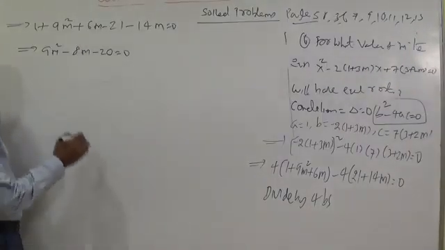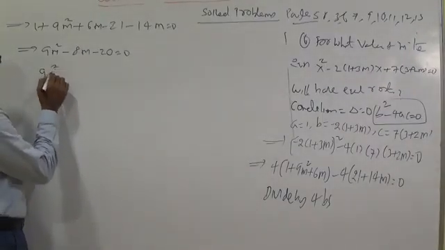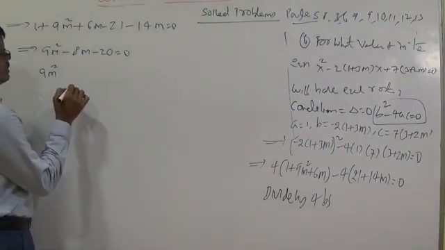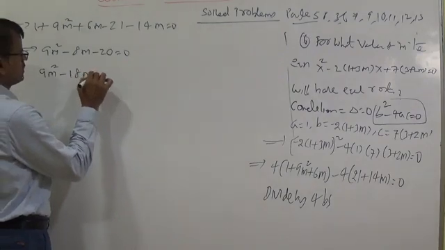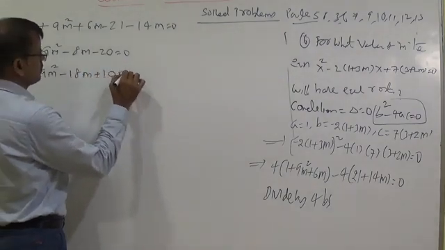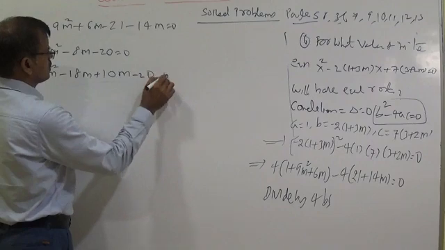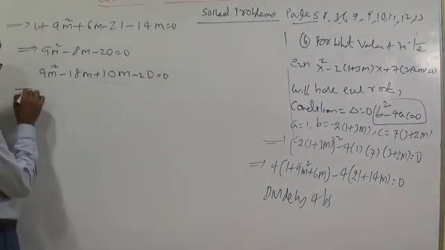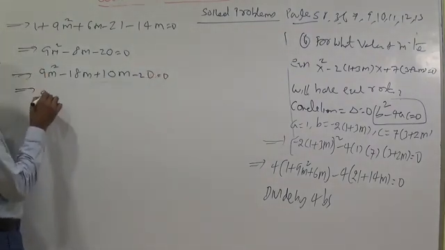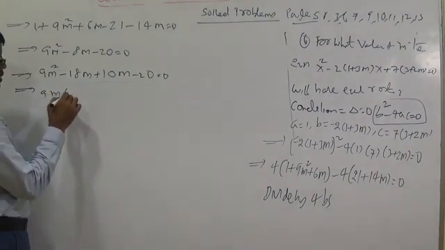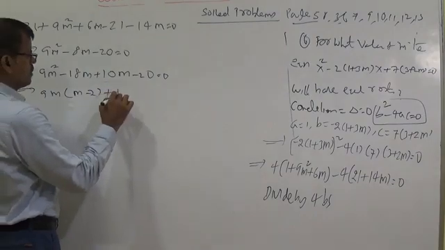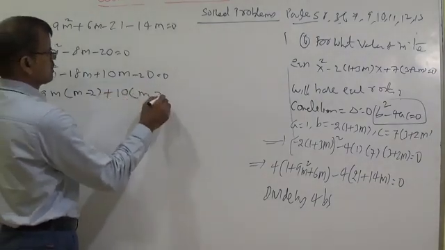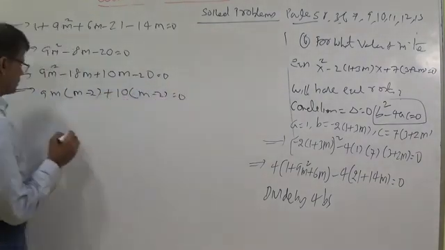9 into 20 is 180. Using 180, we should split the middle term. 18 into 10 is 180, so you can write minus 18m plus 10m minus 20 equal to 0. That implies you take common 9m, it becomes m minus 2, plus you can take 10 as common, it becomes m minus 2.